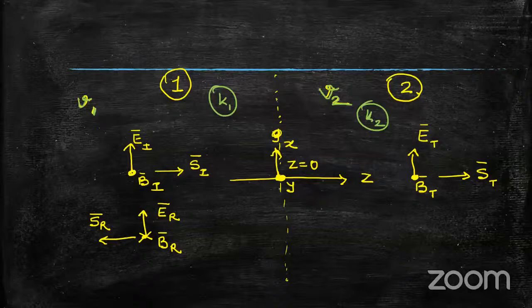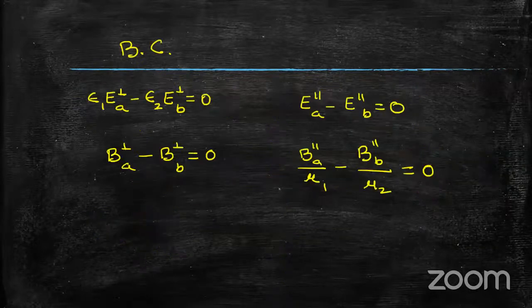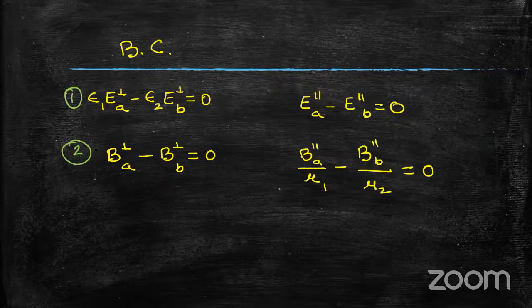We just have a parallel component because our boundary is the XY plane, right? All the fields are either in X or Y. So we just got a parallel component. So equation 1 and equation 2 are 0 is equal to 0.